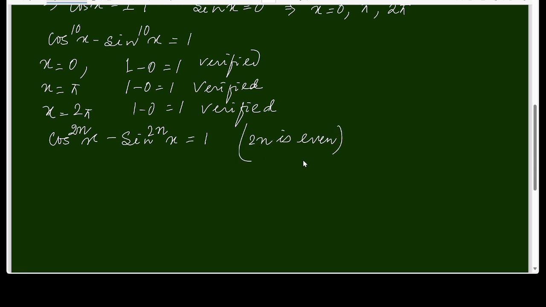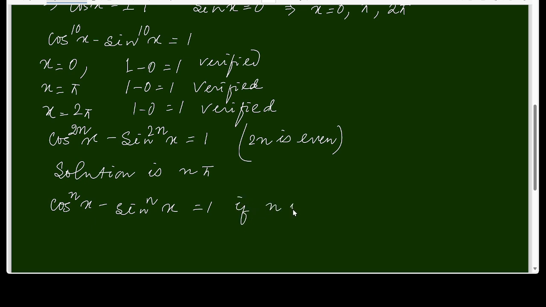The solution is always x equals n pi. So now can you find, if cos power nx minus sine power nx equals 1 and n is odd, what will be the solution?